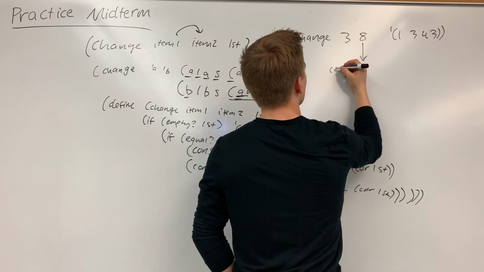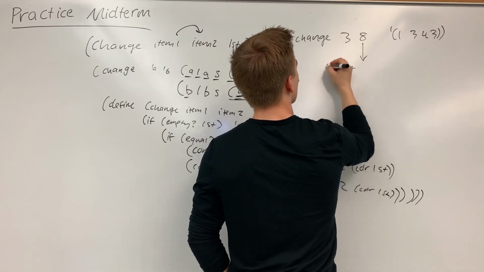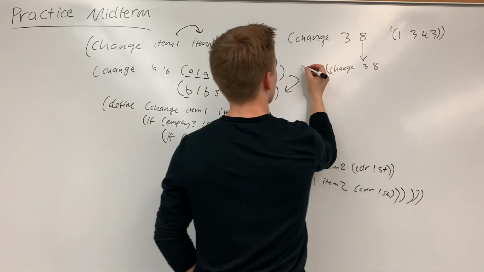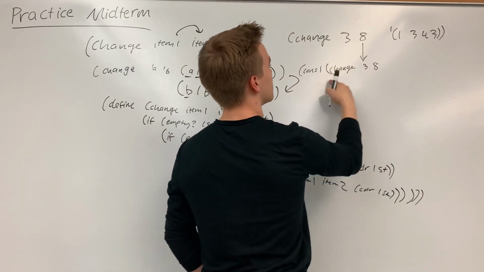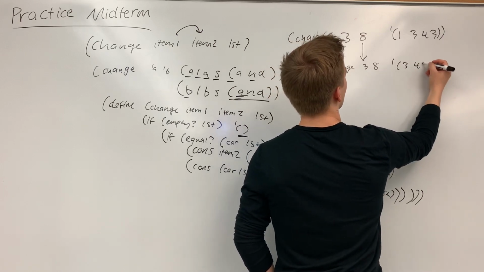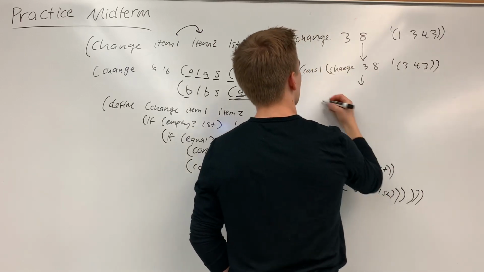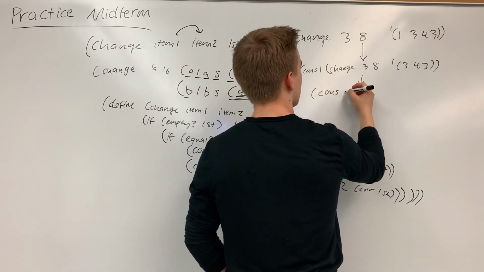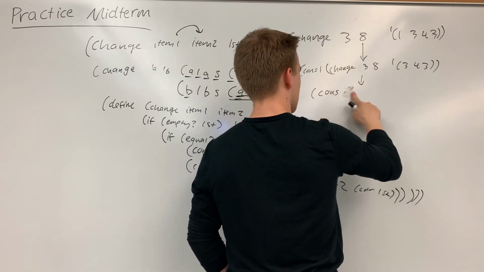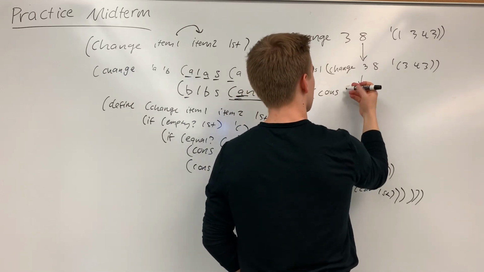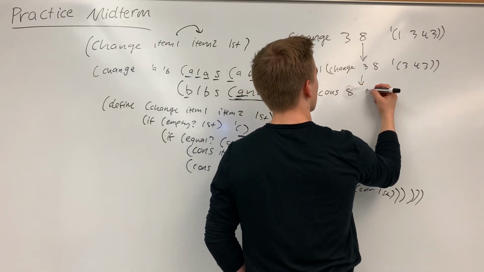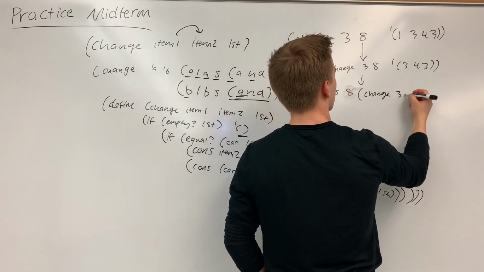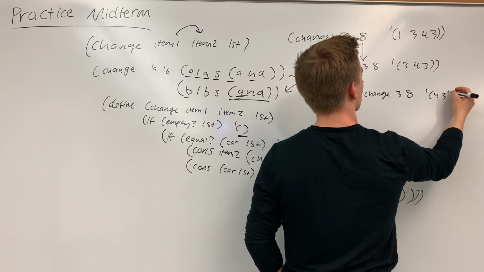This calls change on 3, 8. This calls cons 1 onto change 3, 8, list 3, 4, 3, which calls cons, oh, just kidding, cons 8 because it gets replaced, onto change 3, 8, list 4, 3.